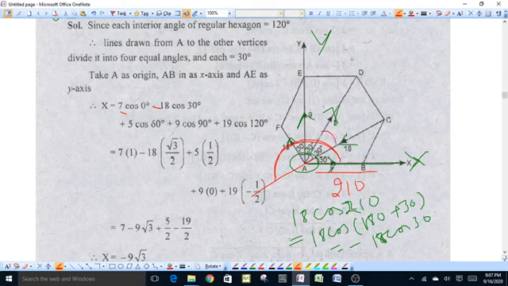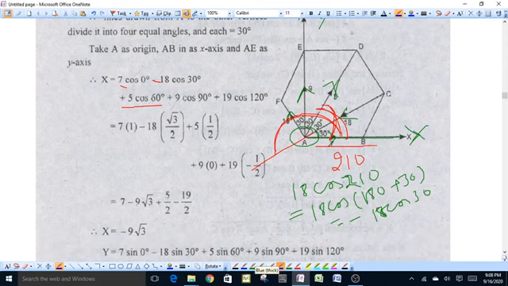Next, x component of force 5 kilogram which is acting along AD is equal to 5 cos 60, because this total angle is equal to 30 plus 30, 60. X component of force along AE which is equal to 9 kilogram weight is 9 cos 90, because AE makes an angle 90 with the positive direction of x axis.